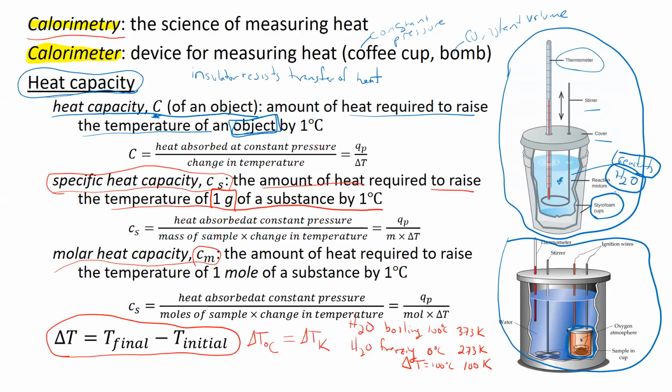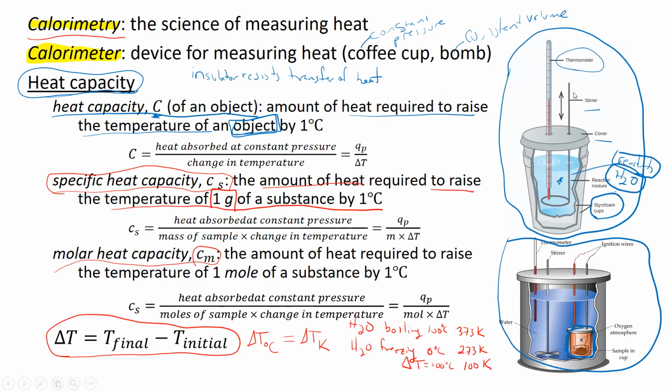We'll do that initially for just a process, the transfer of heat. We can measure that transfer of heat. And then we'll start to think about measuring chemical reactions as well.